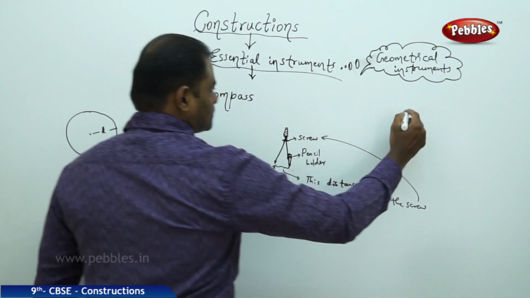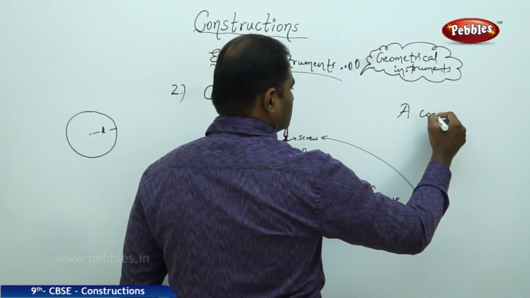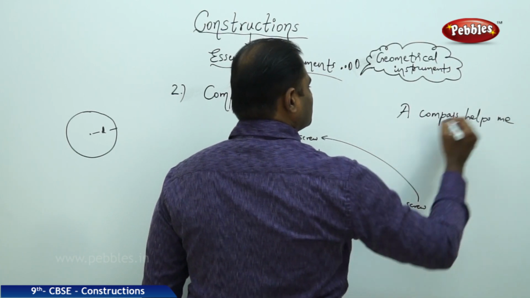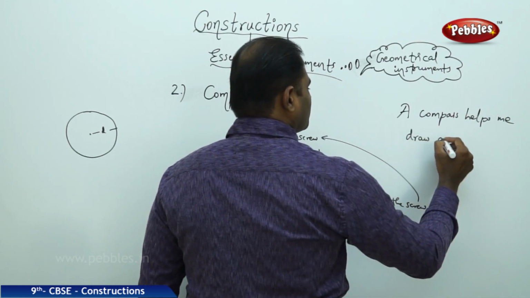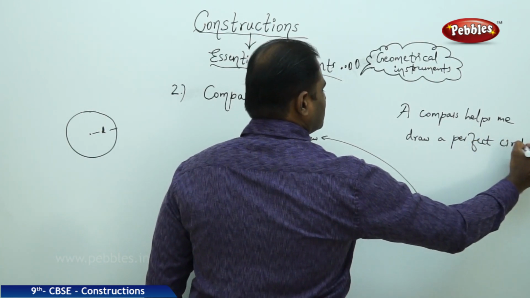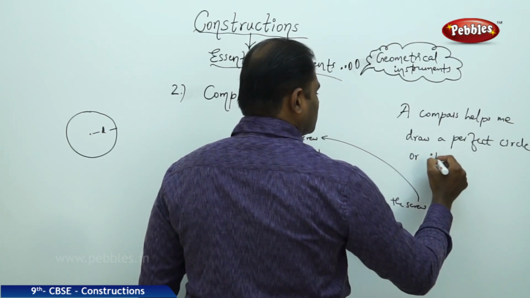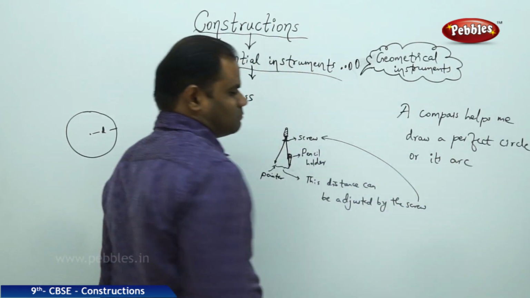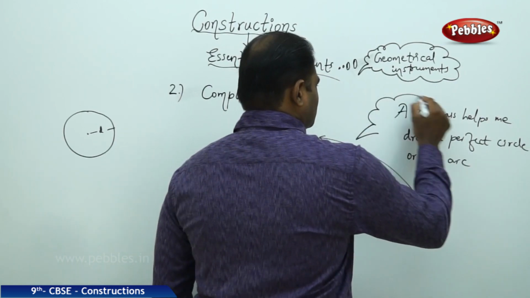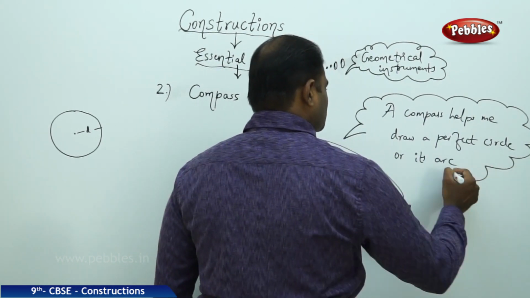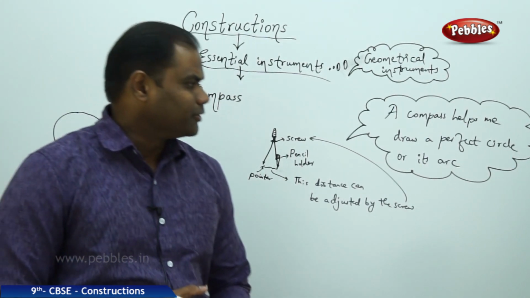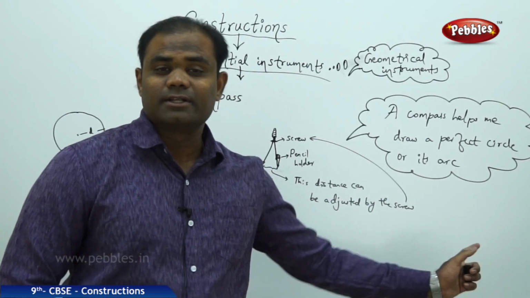So a compass helps me draw a perfect circle or its arc. Any length of the arc is what I understand through the significance of the compass. A compass helps me draw a perfect circle or its arc.